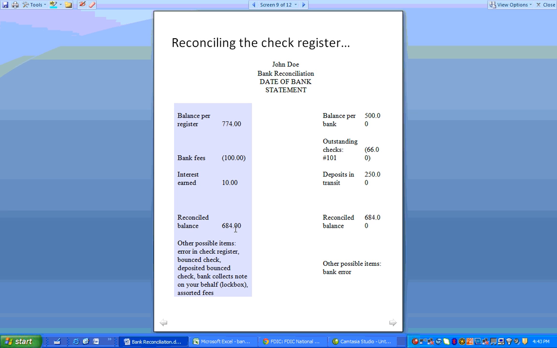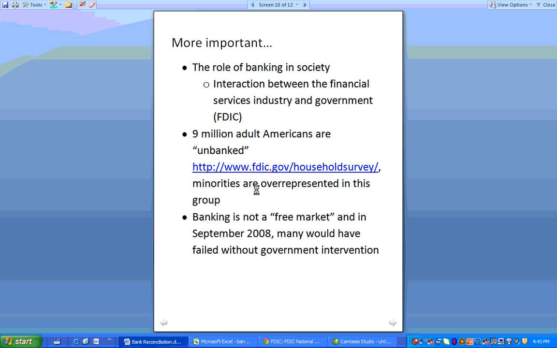So this is the kind of topic that is covered in business math or in accounting 1 class. It's not very academically valid. It's pretty simple. Something that I want you to think of and question is some more important topics related to banking. One is the overall role of banking in society and the interaction specifically between the financial services industry and government.